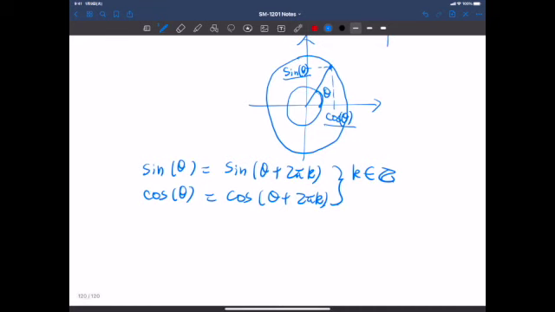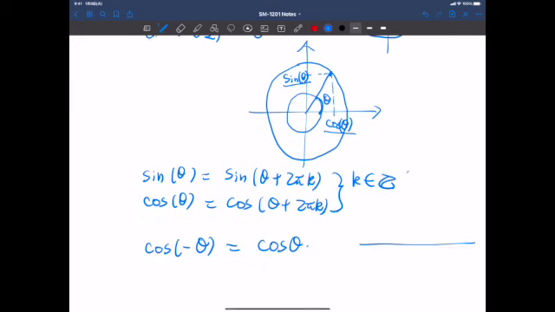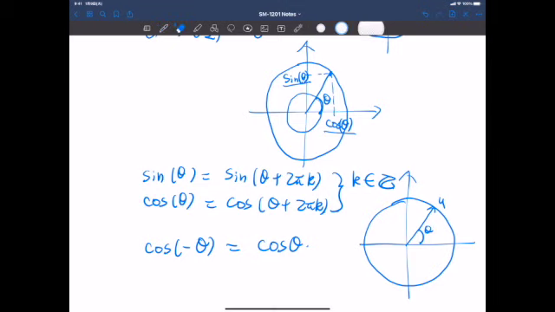Also, you should notice that cosine of negative theta is the same as cosine theta. Why? Because if you consider this u and theta, then negative theta corresponds to this, but the real part doesn't change. So cosine theta is the same as cosine of negative theta.